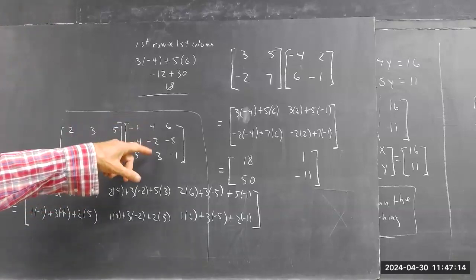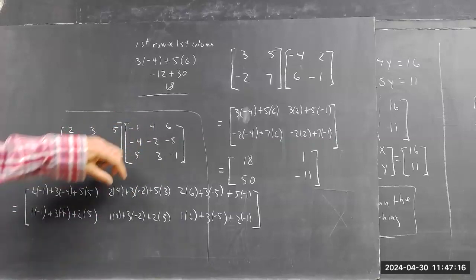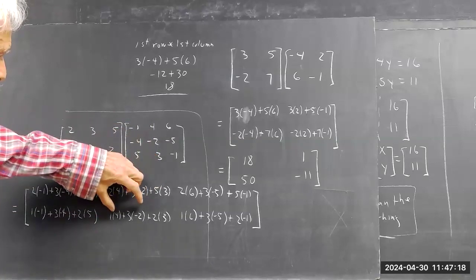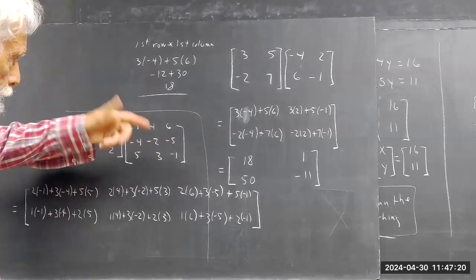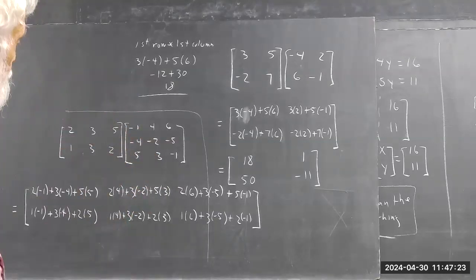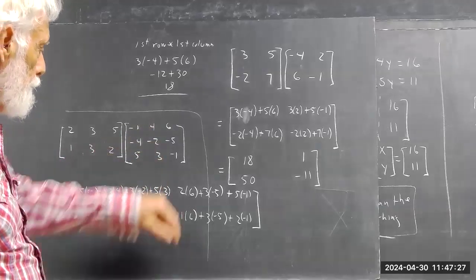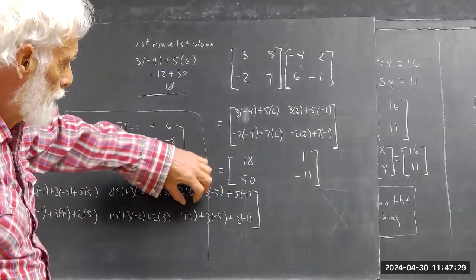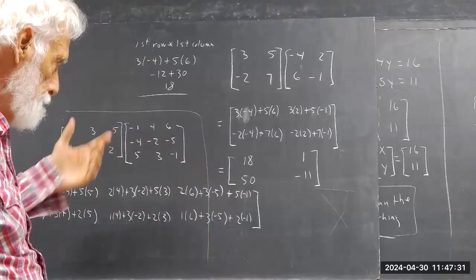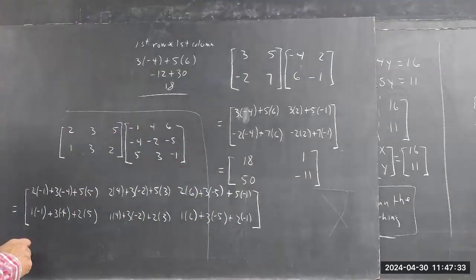Second column is going to have 4, -2, 3, and right there they are, all nicely lined up. And then in the third, the 6, -5, -1, 6, -5, -1, 6, -5, -1. And there we have it.